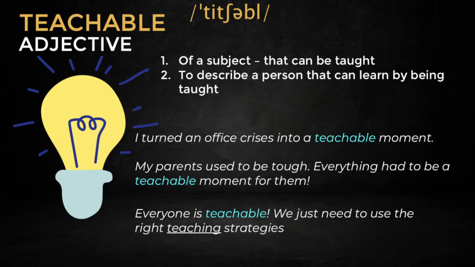There was a problem, a crisis in the office. And I took that crisis and I transformed it into a teachable moment. A moment in which I could teach my employees something valuable. So an opportunity, something that can be taught, so that my employees could learn something useful from that crisis, okay?